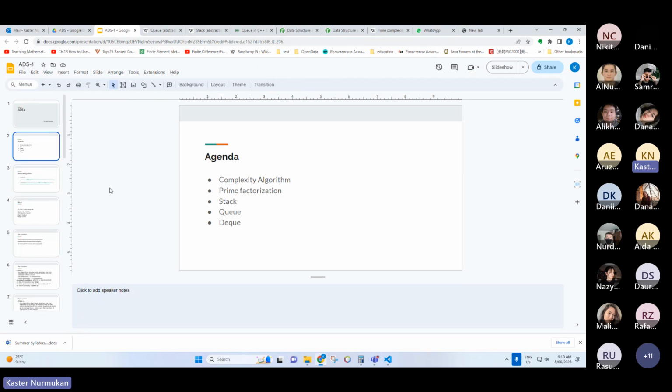Today we finally start our lesson, and of course we will cover content such as the complexity of algorithms, which is very core in this course, because whenever we measure an algorithm, we use this criterion: complexity is always measured by time complexity and space complexity.